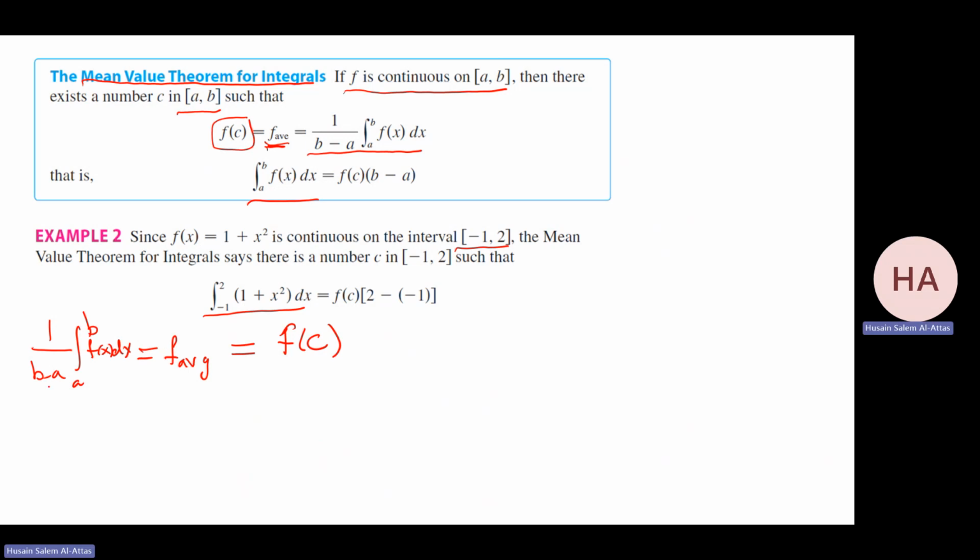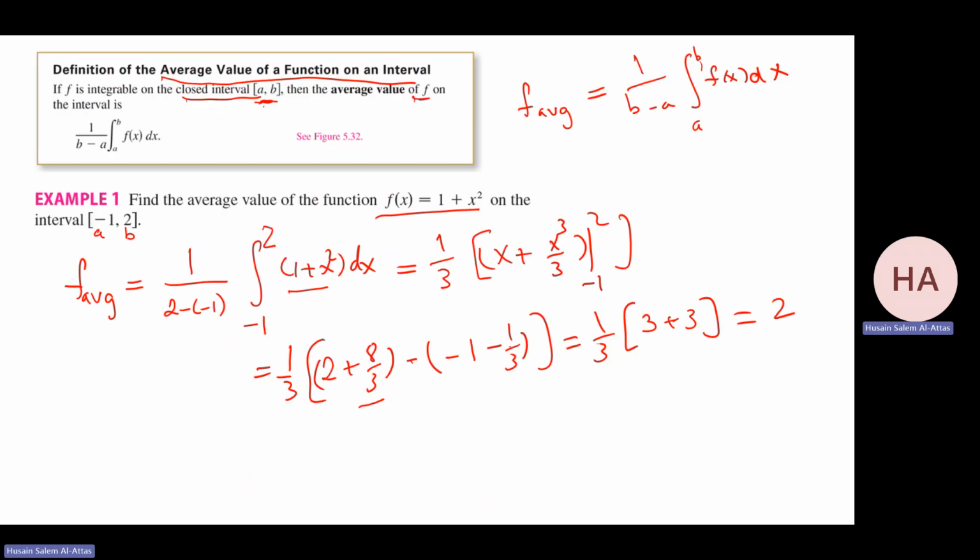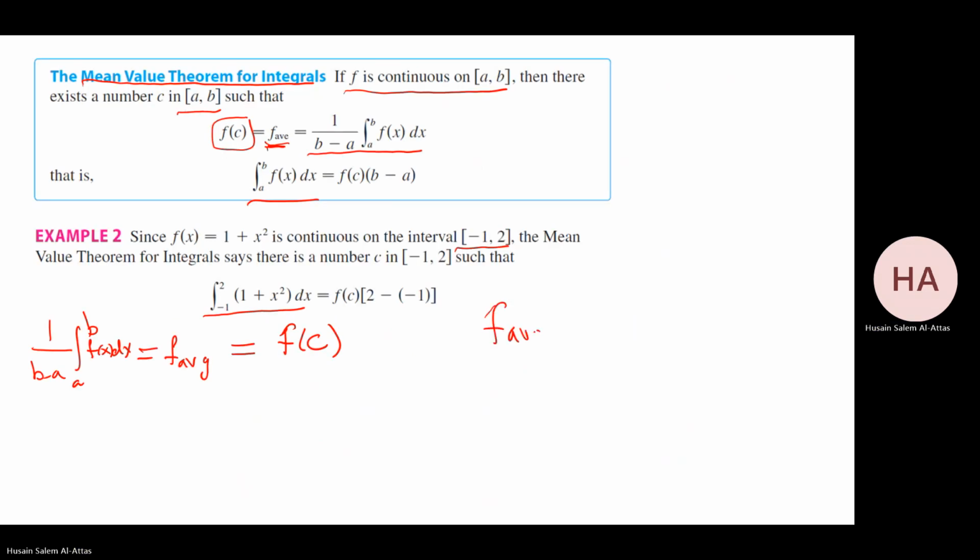Which means f of c times b minus a is equal to the integral. We did this one in this example, and we have f average is what? 2. The f average is equal to 2.